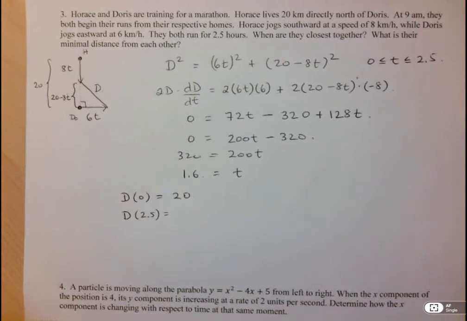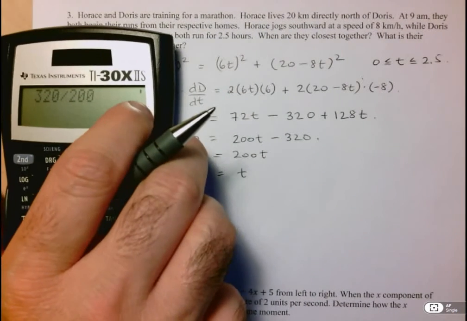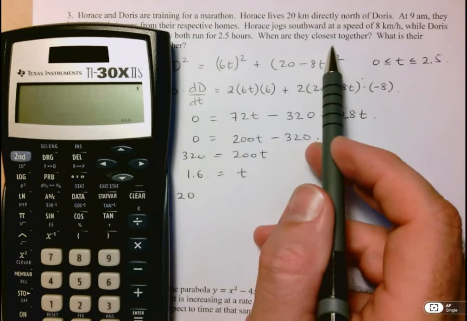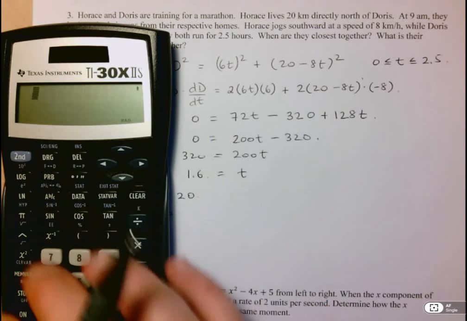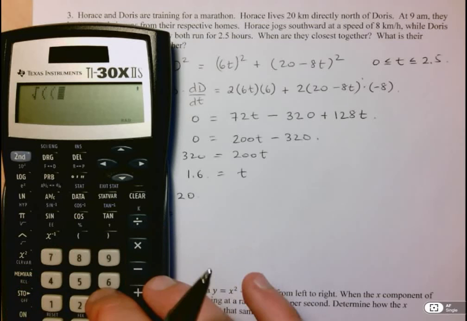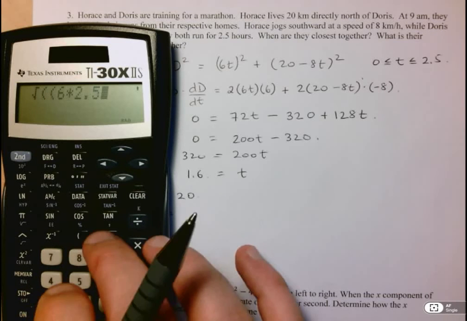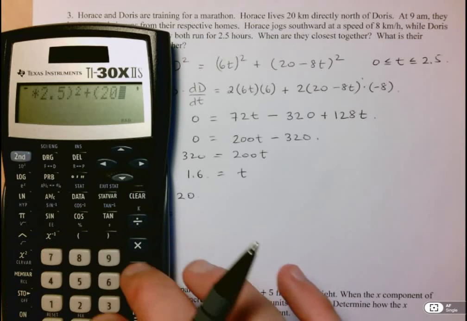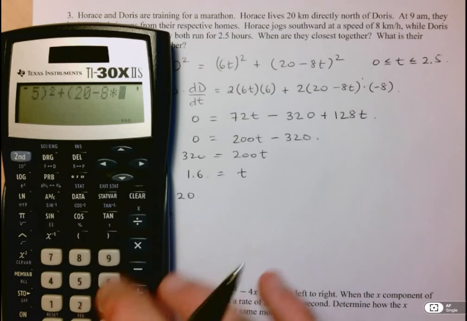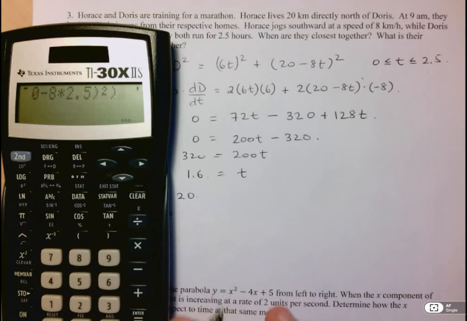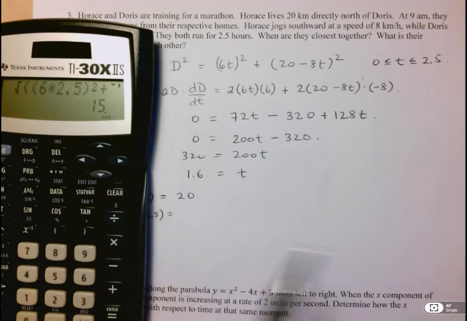So now we have to go to our distance formula here. d is going to be the square root of this thing here. So the square root of 6 times 2.5 squared, plus 20 minus 8 times 2.5 squared, close off our bracket, and so here we have 15 kilometers.